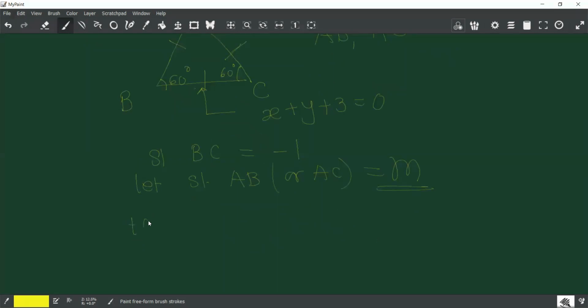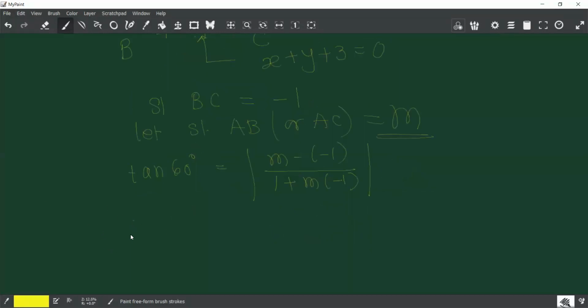Then use tan 60 equals mod of m1 minus m2 upon 1 plus m1 m2. Tan theta is plus minus root 3. Perfect, very good. Therefore, you will have root 3 is mod of m plus 1 upon 1 minus m.